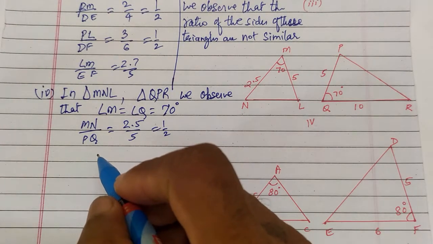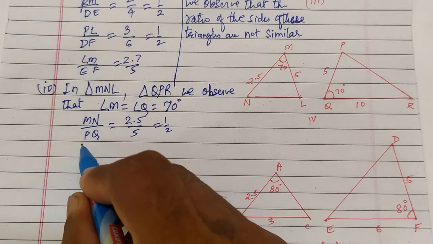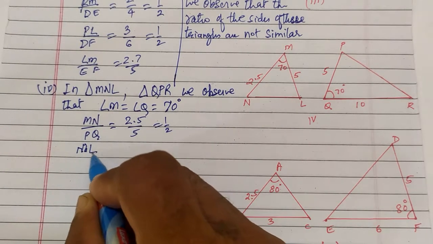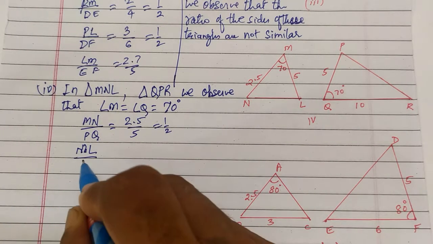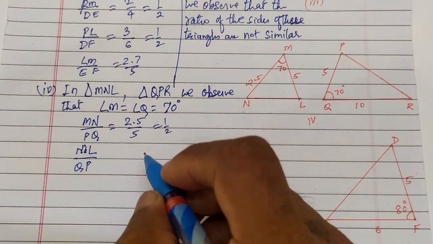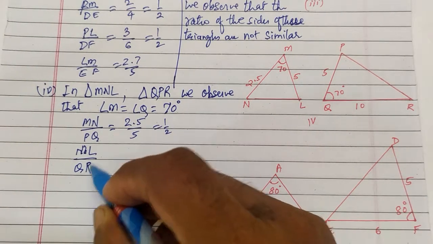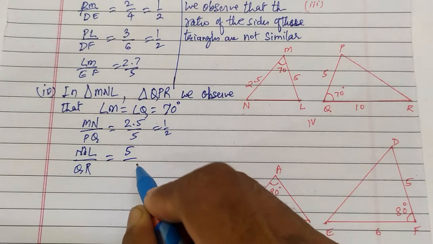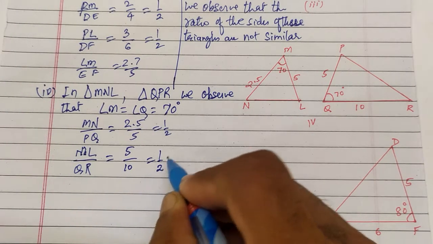Then ML upon QR. It is 5 upon how much? 10. 1 upon 2.